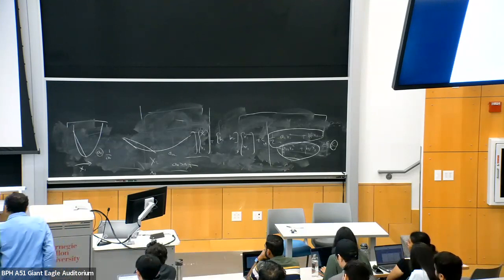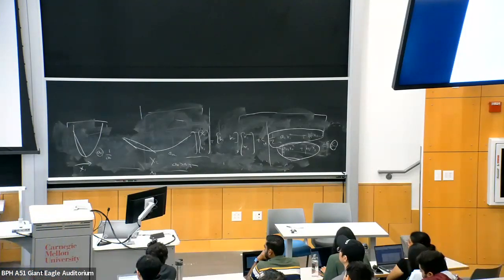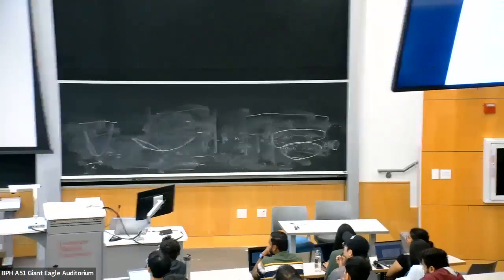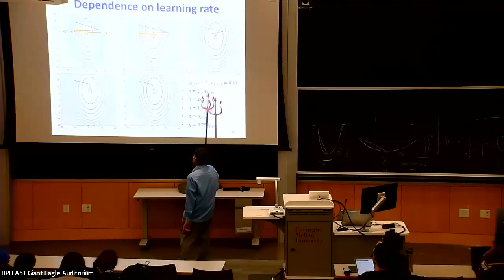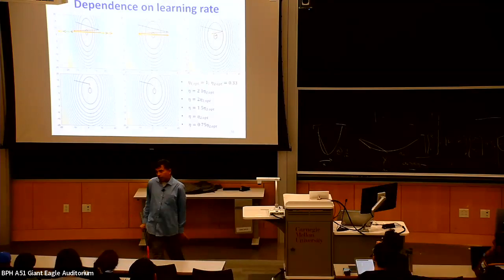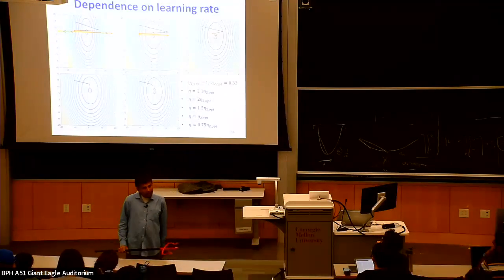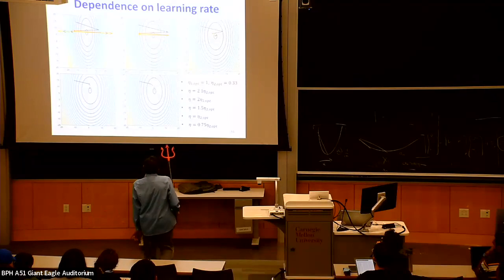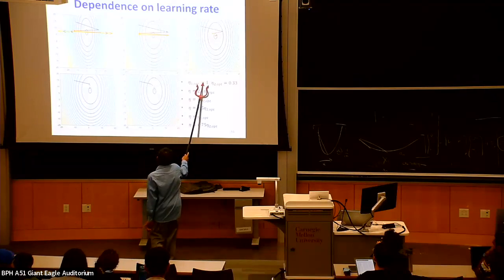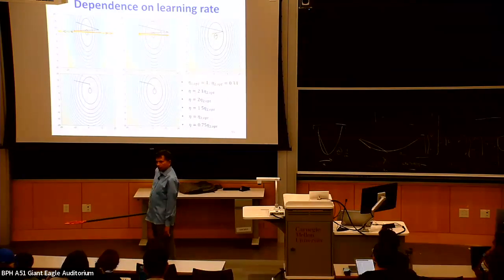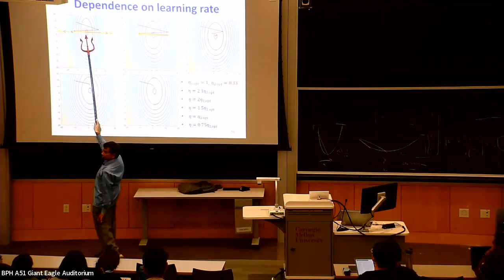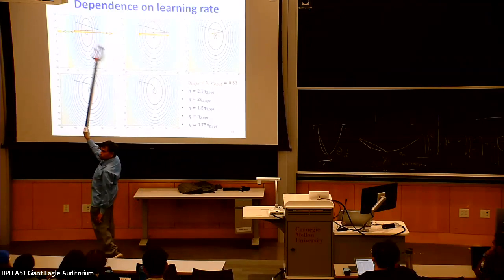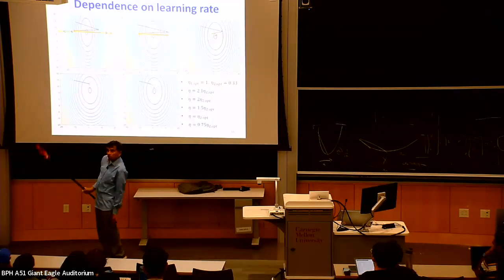Now, if I set my step size to be 0.7, then for the vertical direction it's pretty good, so it's going to come to the solution monotonically along the vertical axis. It's too large along the horizontal axis. The solution is going to diverge.